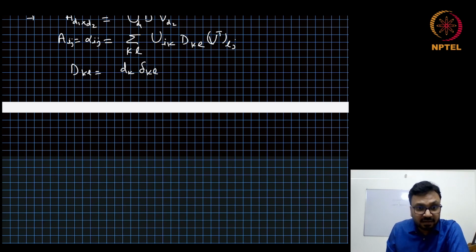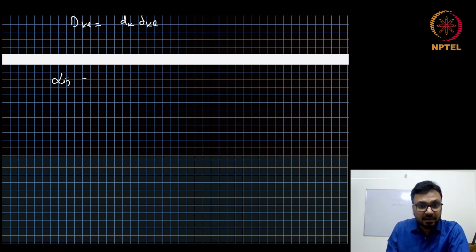So we can write alpha ij as sum over kl u ik dk delta kl v transpose lj. In terms of v, we can write it as v jl.